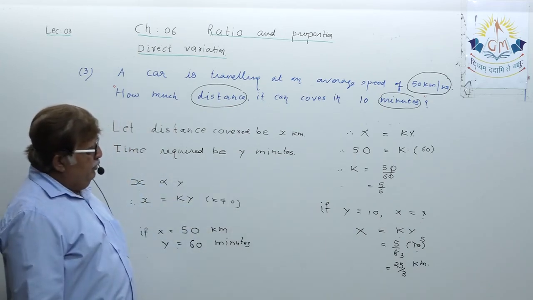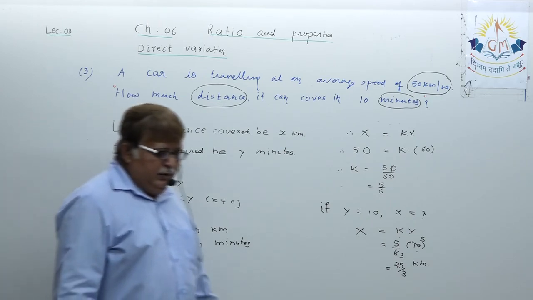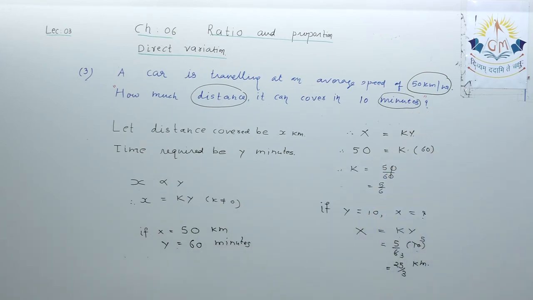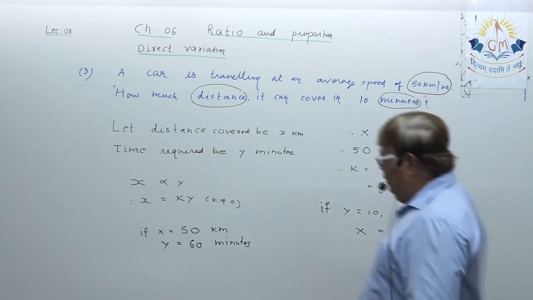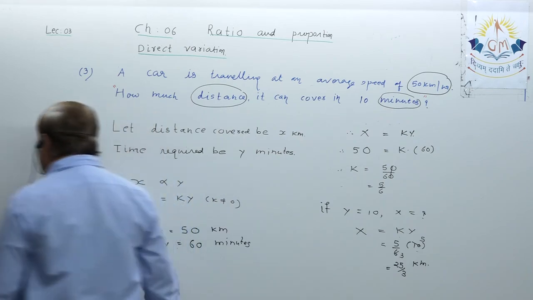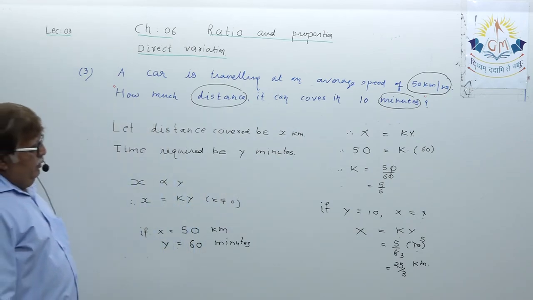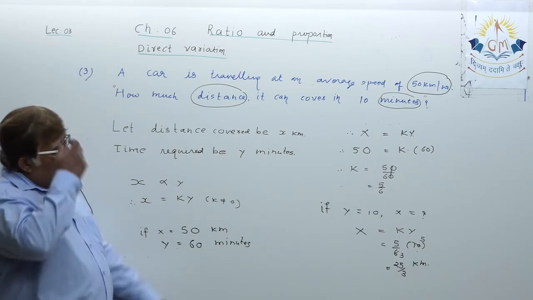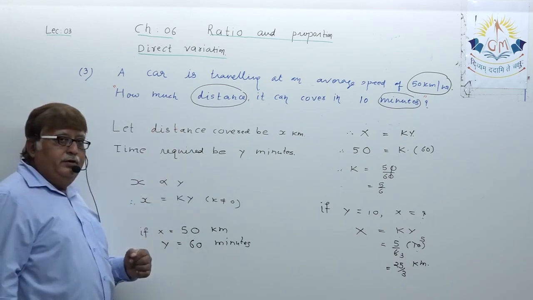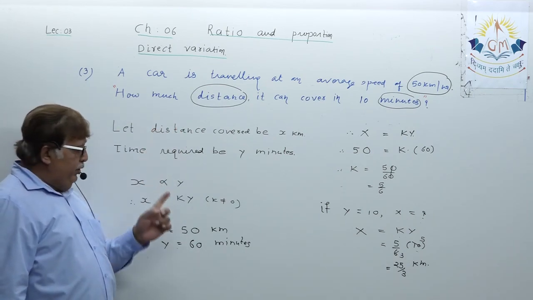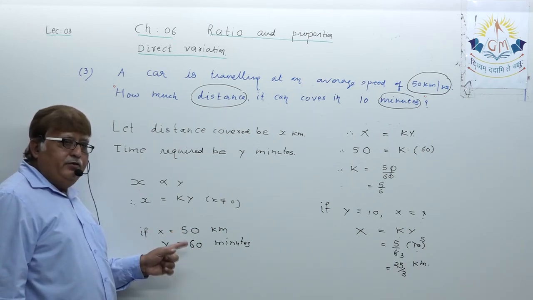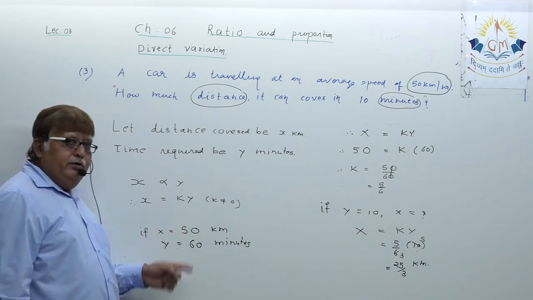But first, dear student, look at the example and try to guess how we got two physical quantities. It is very important to note it down. How we got two physical quantities from the first given data where the speed was given, and we worked out distance and time from the speed.